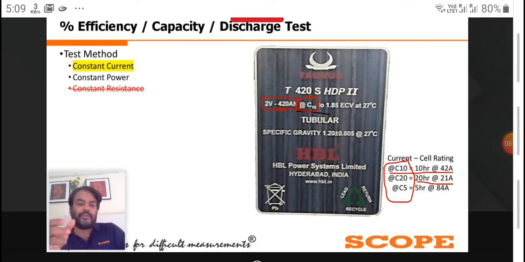So we needed to put distilled water into the battery. That was the maintenance earlier people were doing. Now when the sealed lead acid batteries came, SLA, followed by VRLA, valve regulated lead acid.